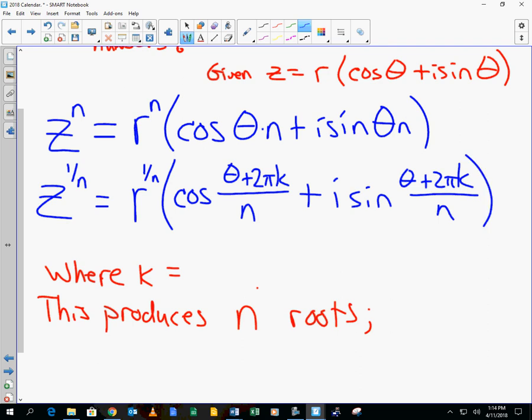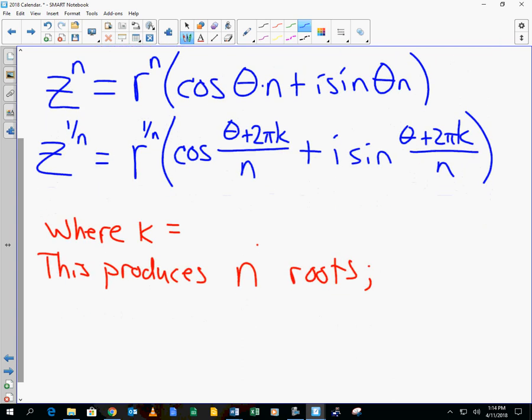Now, as we read that formula out, there's a question that should be coming to your brain, and that is, what is k? Very good. So here's what we say k is. K is the integers 0, 1, 2, 3, all the way up to n minus 1.